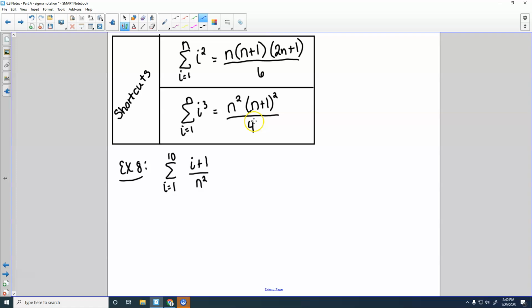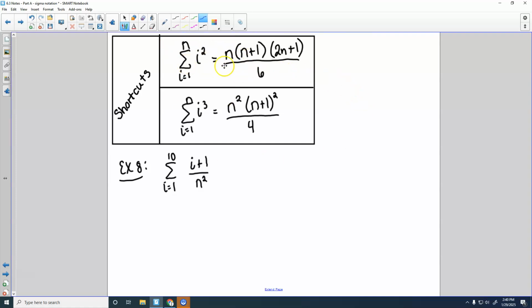These do have proofs for them. I don't know them. I might could figure them out, but I'm not going to go through how to do either one of these. But these two shortcuts also might need to be used.